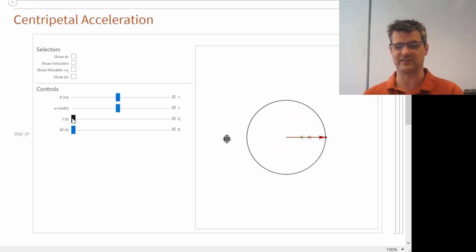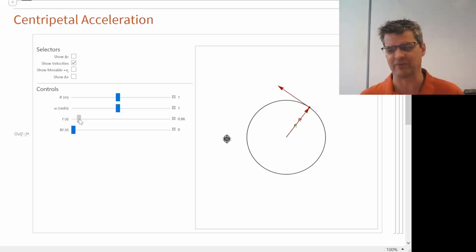Now, why is this interesting to look at in kinematics? Because if we have some speed and this object is going around a circle, what do we see as the velocity of this particle as a function of time? The velocity is changing. Say here at t equals 0, the velocity is pointing up. At some later time, it's pointing up and to the left.